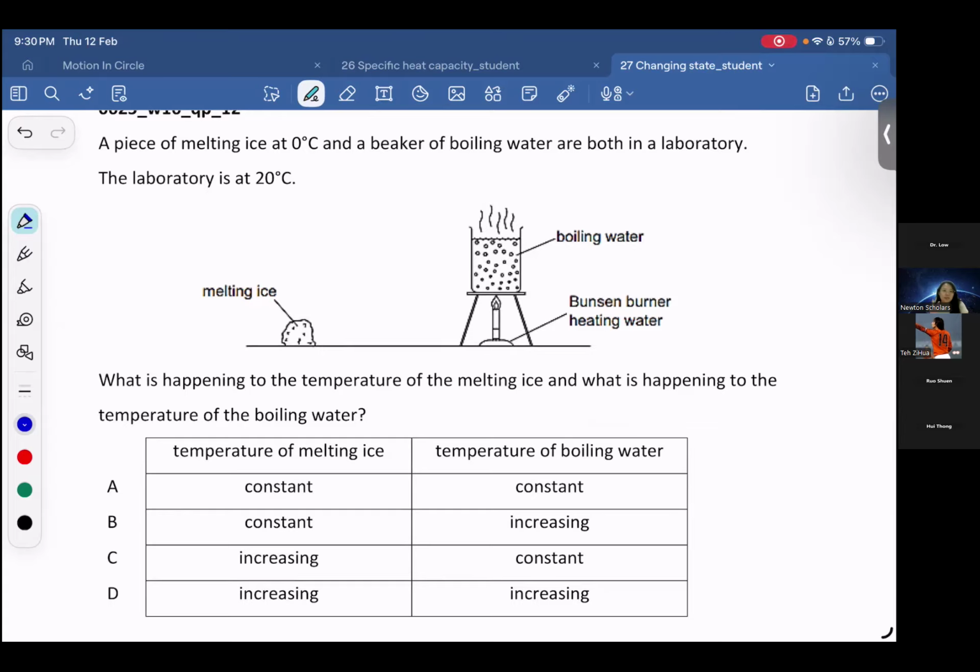Emily, find the keyword: melting, boiling. So what happened to their temperature? Temperature of melting ice, temperature of boiling water. One correct, one wrong, Emily. Any others? What is happening to the temperature of melting ice and the boiling water?